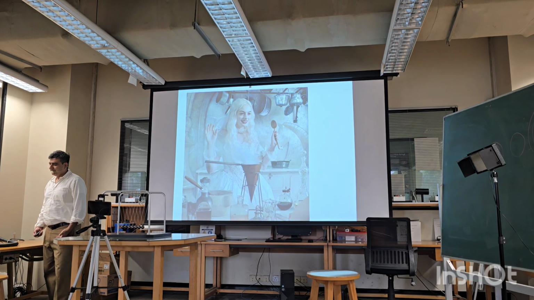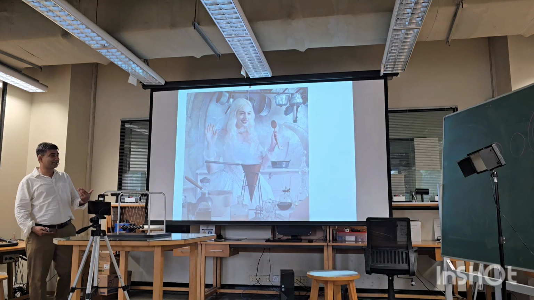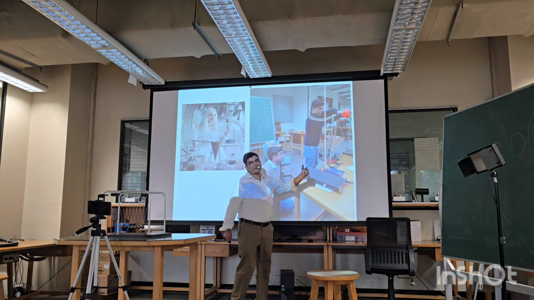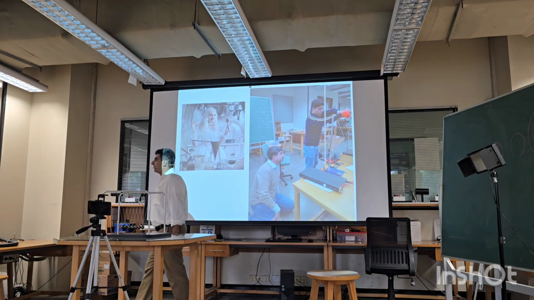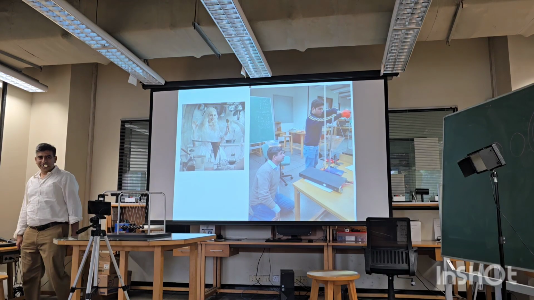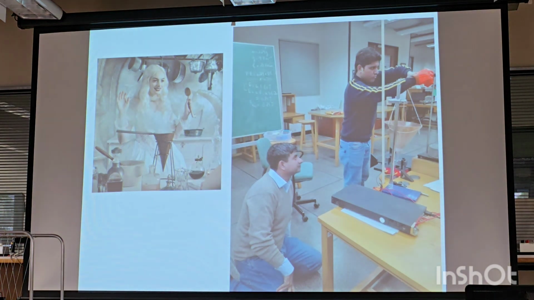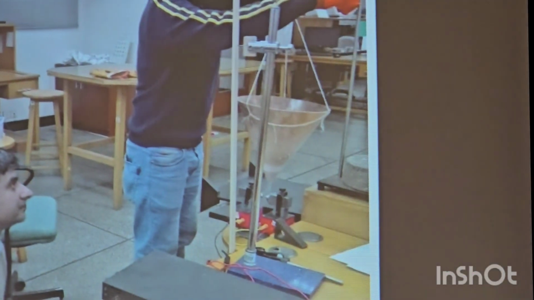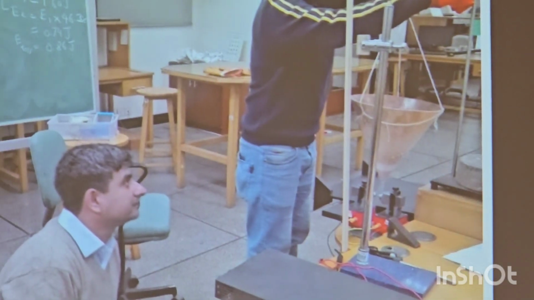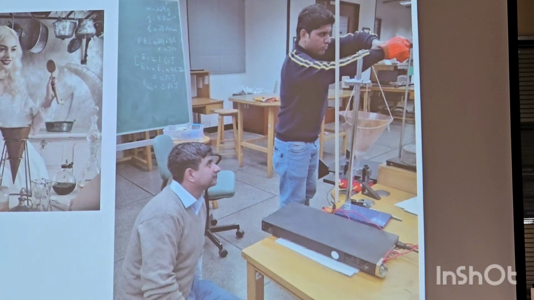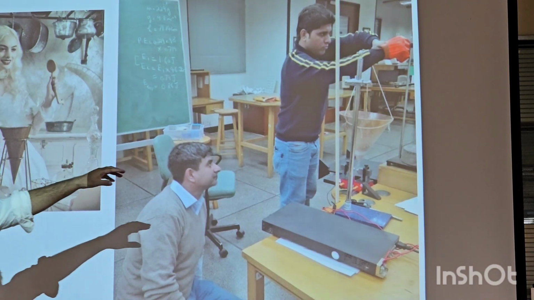Many years later, which is around 5 or 6 years ago, I actually employed such a cone in one of my experiments. Now this is a real cone, a brass cone, and I suspend it from a support.